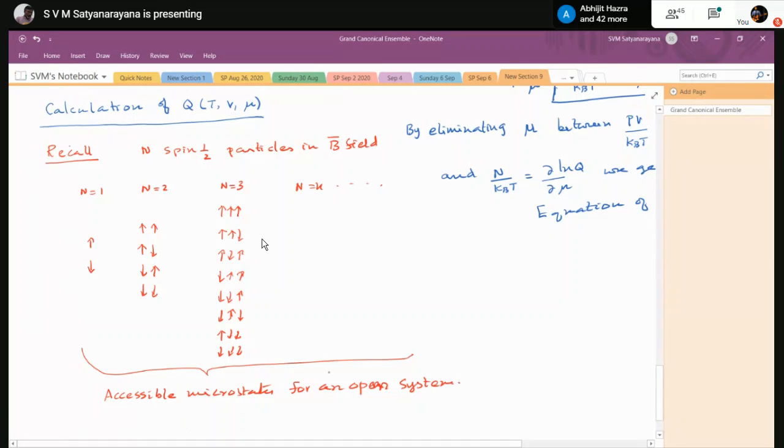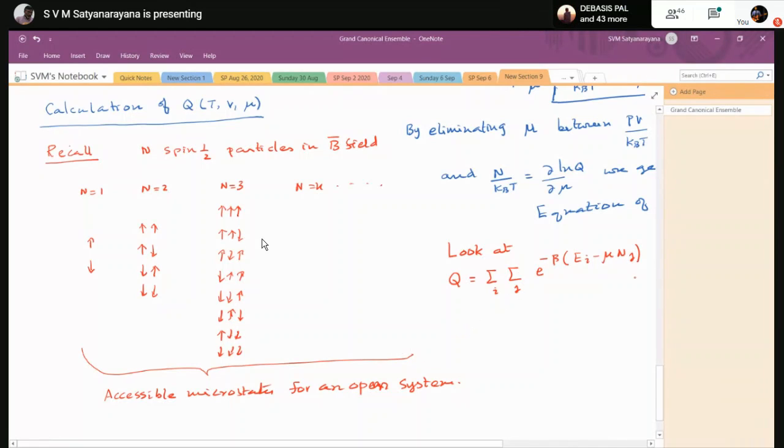Now, look at our grand canonical partition function Q, which is equal to the sum over i and sum over j of e to the power minus beta into (E_i minus mu N_j).